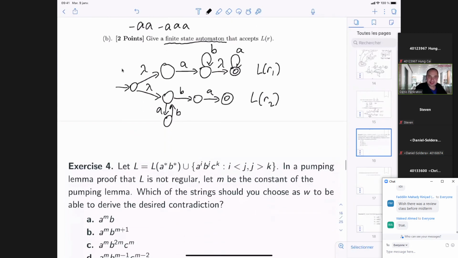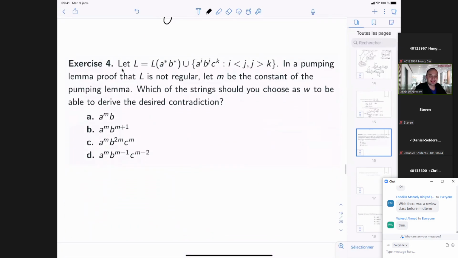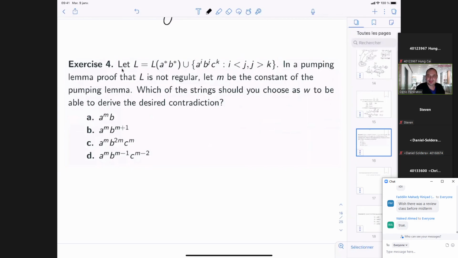Okay, so let's look at the next exercise, which is about the choice of a string for the pumping lemma. So here, the language is kind of tricky because it has a regular portion, just A star, B star, and we take a union with a portion which is not regular.